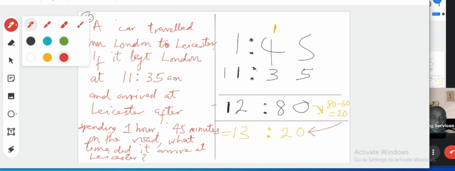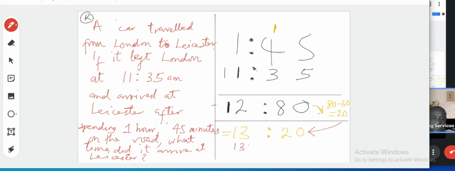What exactly is that time in a normal clock? It will be 1:20. You just remove 12 from the 13, so 13 minus 12 is 1:20.